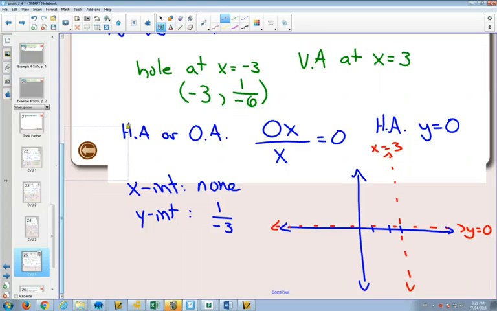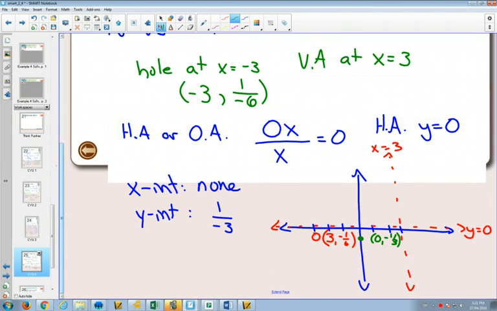We have a hole at -3, -1 over 6. I'll label that. Oh, that's not a very good hole. There we go. We can draw our asymptotes. Our intercepts. We know that we have an intercept at 0, negative 1 over 3.